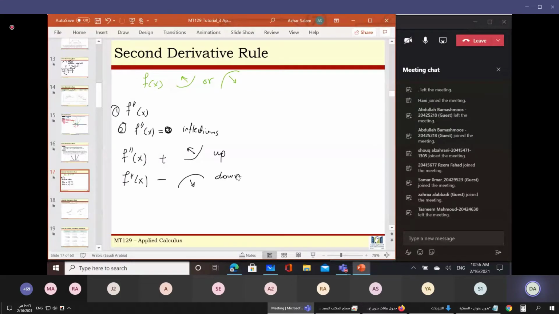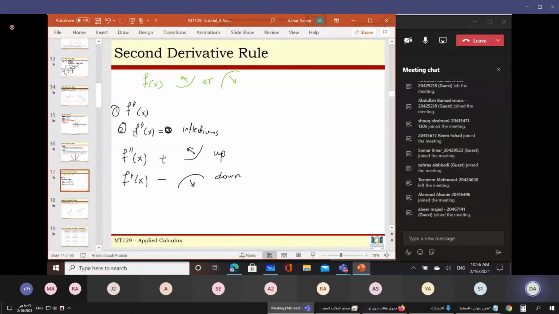This is the concavity. The inflection point may not be in the question. The question could be only to find the concavity, whether it's going up or down. So you will find the second derivative, and at a certain point you substitute and find the sign. If it's positive, it will be concave up, and if it's negative, it will be concave down at this point.